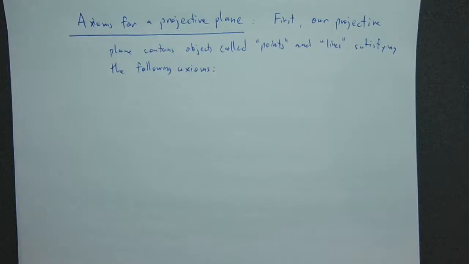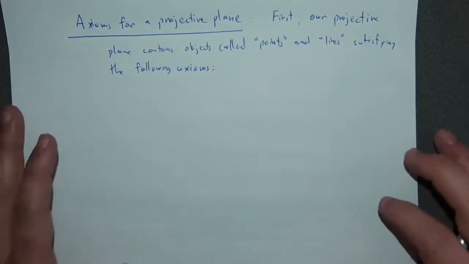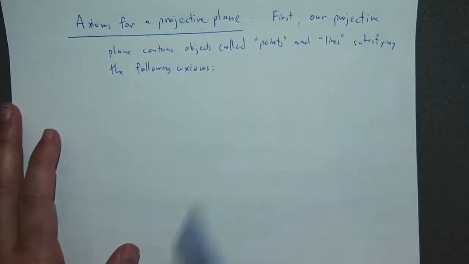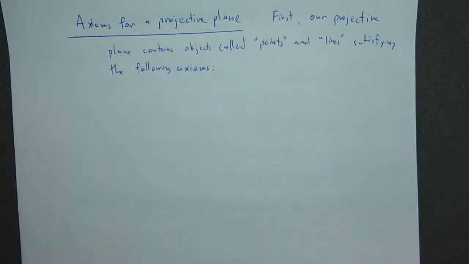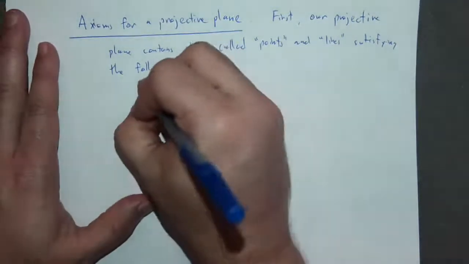In fact, we're going to see that the points are lines and the lines are planes. Or, well, I shouldn't say that. I should say that they can be modeled by those things. All right. So our projective plane contains objects called points and lines satisfying the following axioms.